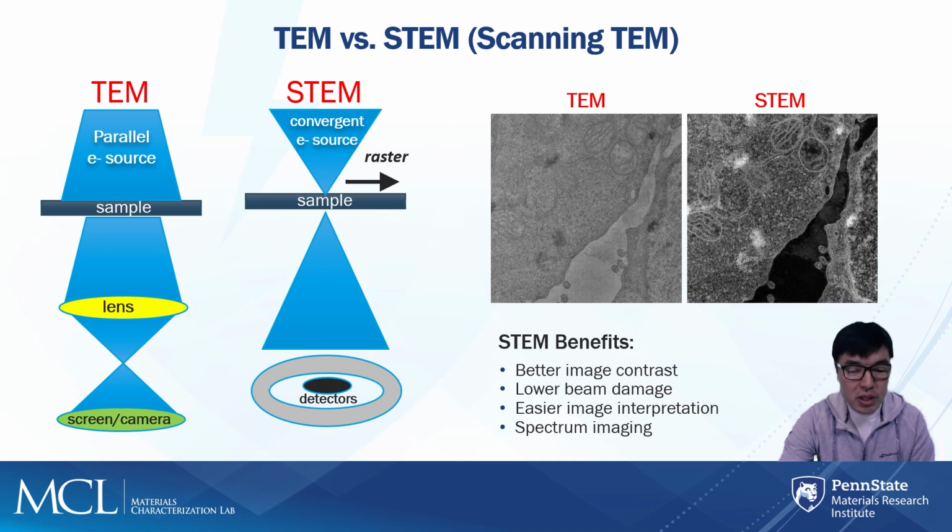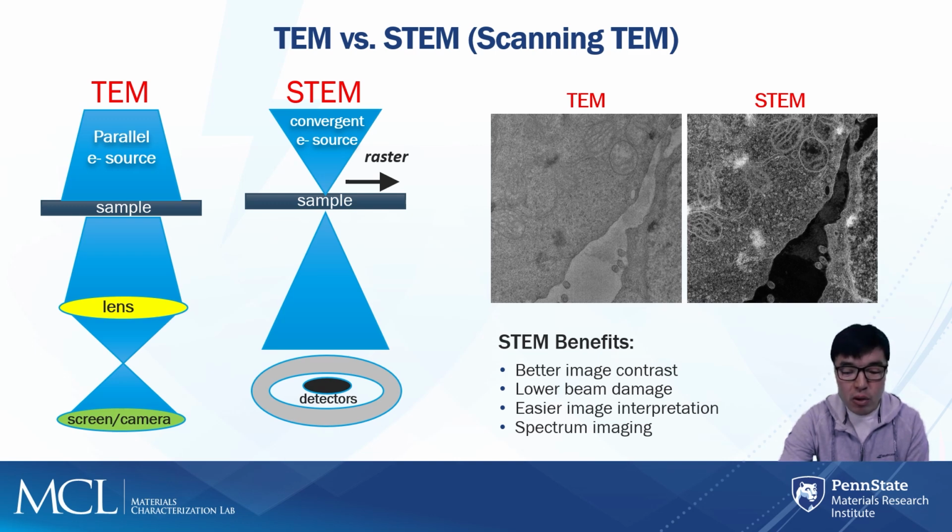Before we get into details about EDS and EELS, I want to briefly talk about STEM. STEM is the scanning TEM technique, which uses a convergent beam or probe, which is different from the traditional TEM technique. TEM uses a parallel broad beam, but STEM uses a probe or convergent beam to scan through the sample.